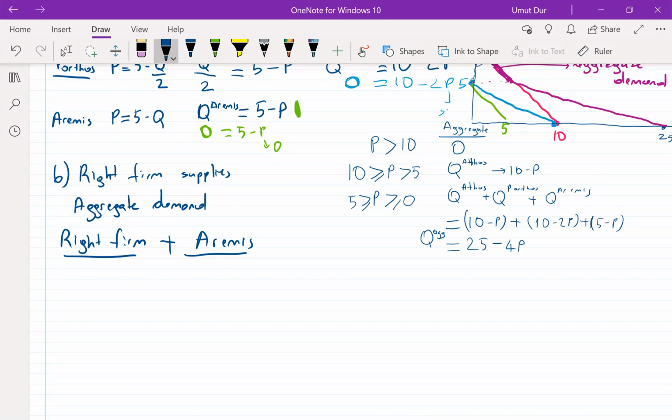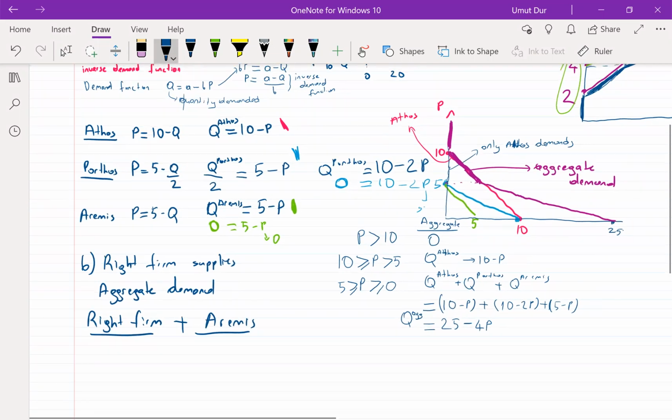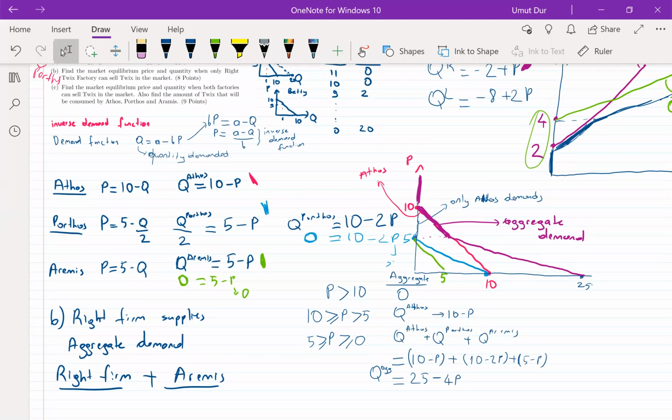Then how do I find the market equilibrium price? When we have just one firm and one individual in the market, how do I find the market equilibrium? Any answer?